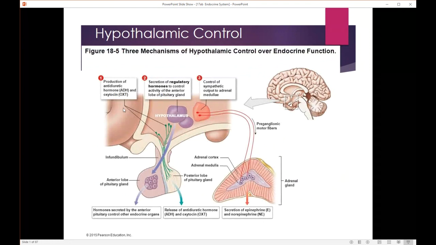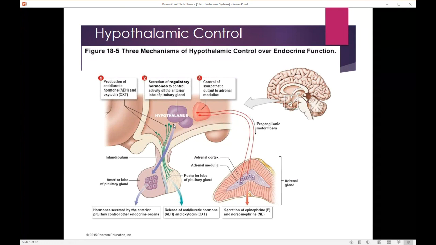Okay. So for instance, we have 3 mechanisms of the hypothalamic control over our endocrine function. So for the first part, we have the antidiuretic hormone and the oxytocin being produced by the hypothalamus here, okay, and then stored within the posterior pituitary, okay.